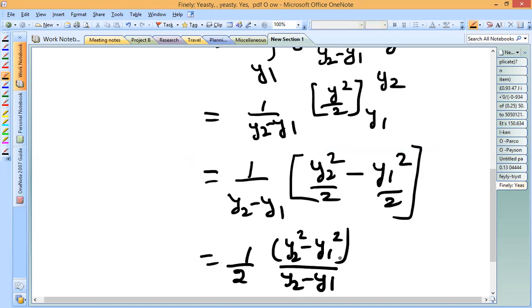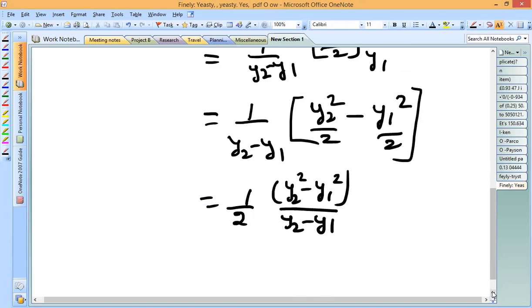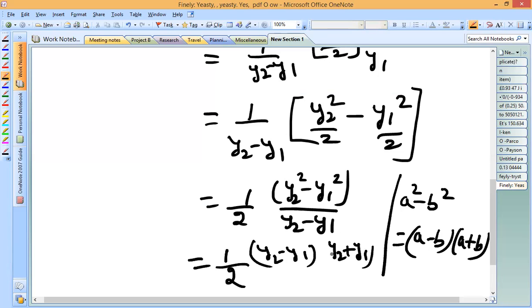Here, how can this y2 square minus y1 square be expanded further? This is similar to a square minus b square, right? As you know, a square minus b square can be expressed as a minus b into a plus b. Using that, we can rewrite this equation as 1 by 2 into y2 minus y1 into y2 plus y1, all divided by y2 minus y1.